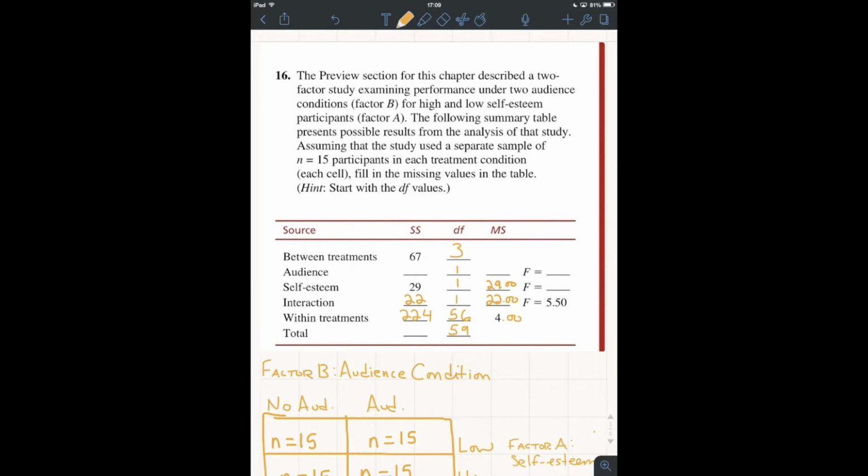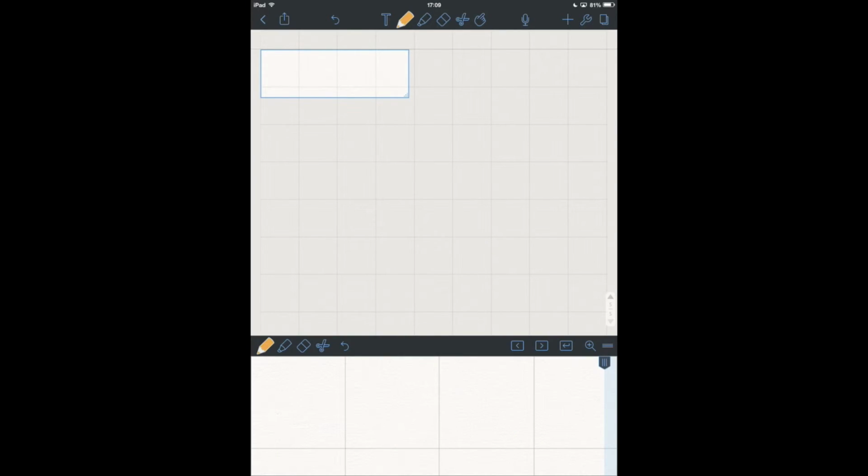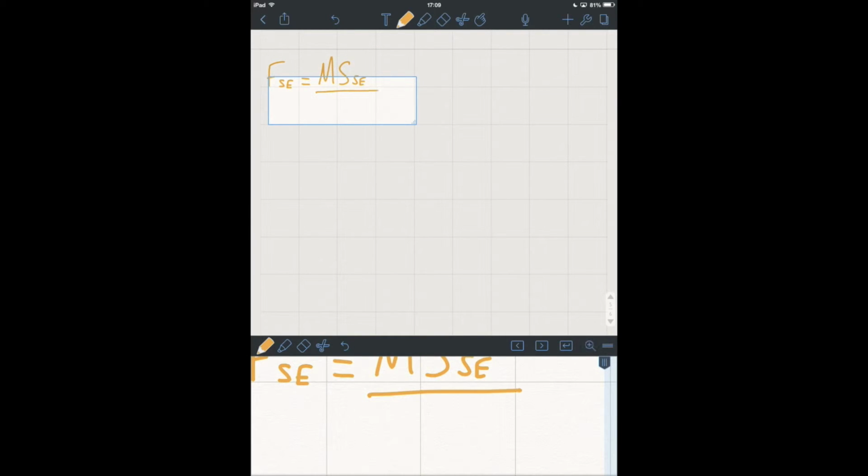Since we have the MS for self-esteem and the MS for the error term, which is MS within, so let's just do that below. So the F ratio for self-esteem, I'll just write SE for self-esteem, equals MS for self-esteem divided by the error term, which is MS within.